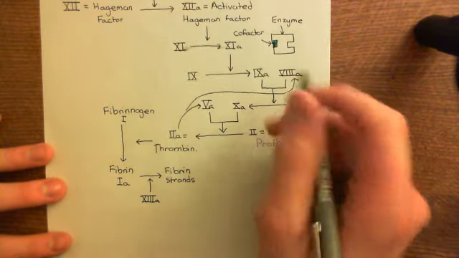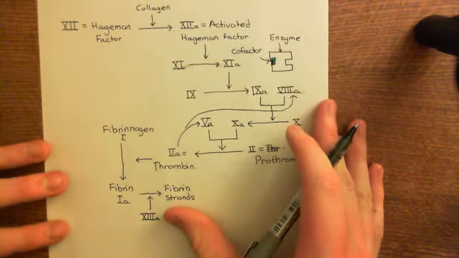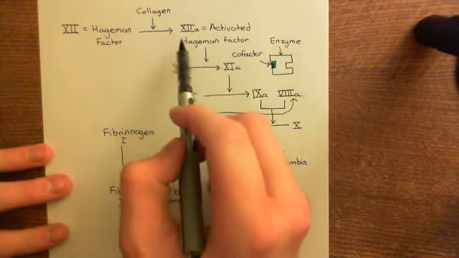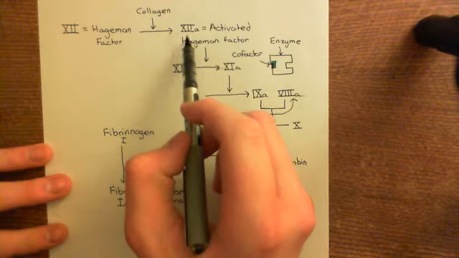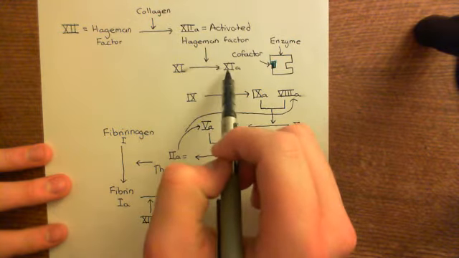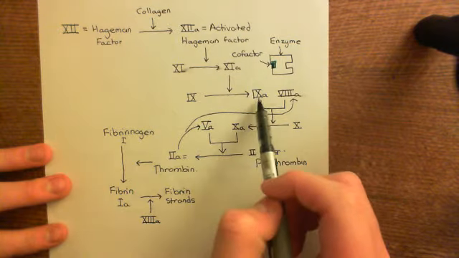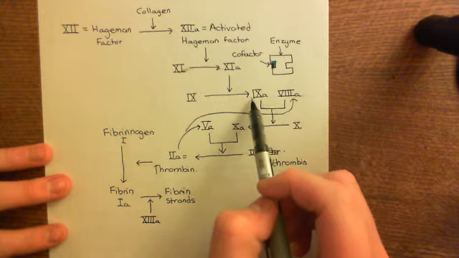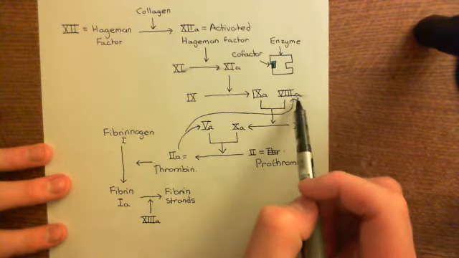So when the rest of the coagulation cascade is activated, i.e. when you get a massive amount of Hageman factor converted into activated Hageman factor, and this leads to a massive production of 11A, which leads to a massive production of 9A, then once you've got a massive amount of 9A, this is capable of reacting with the tiny amount of 8A you have.